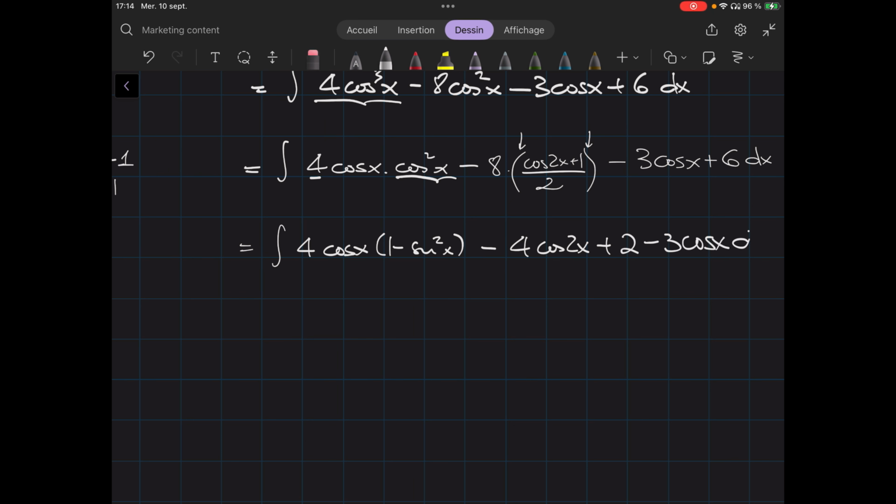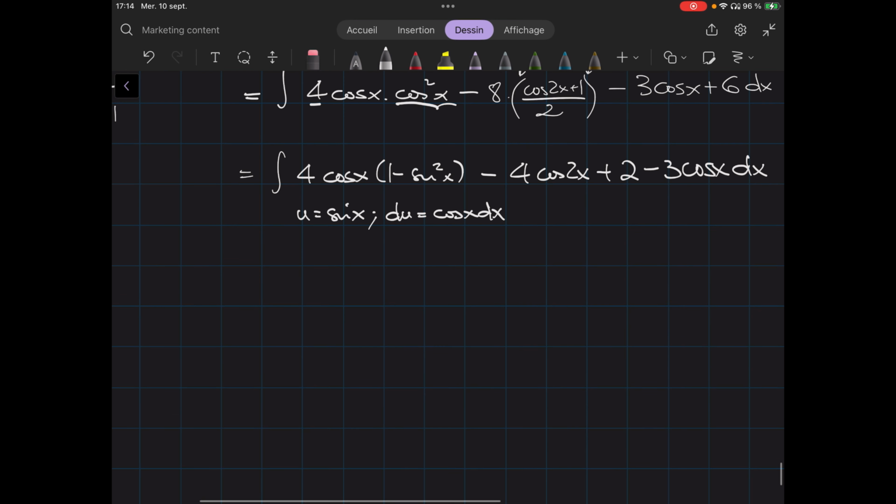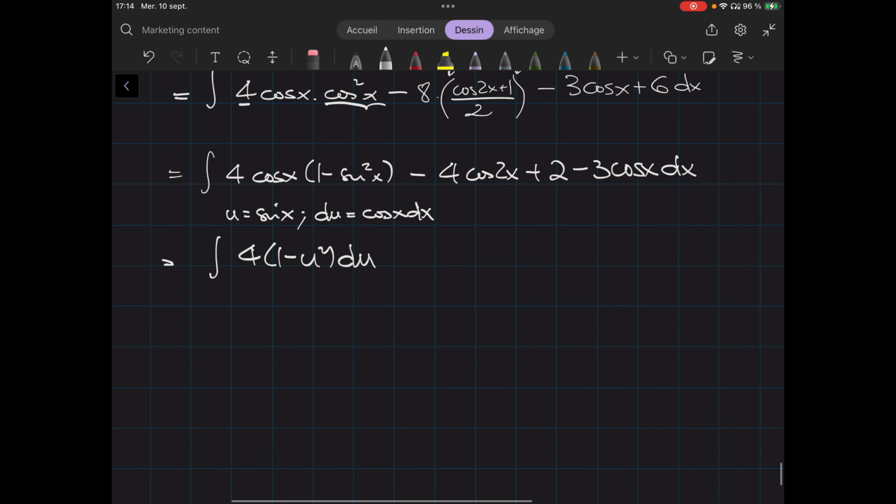Now we are ready to integrate. If u is equal to sine of x, du is going to be cos of x. So this part becomes the integral of 4 times 1 minus u squared du.